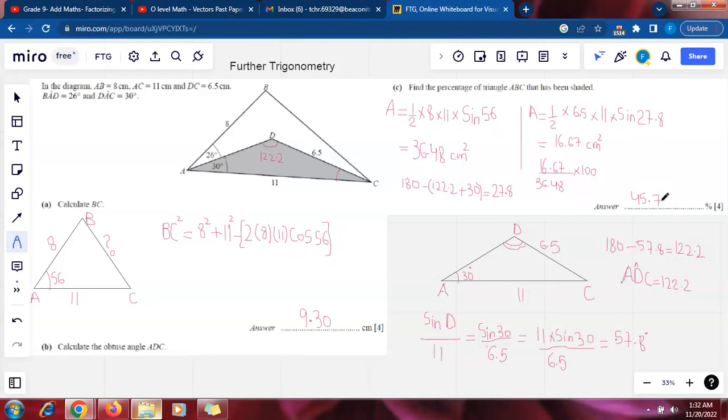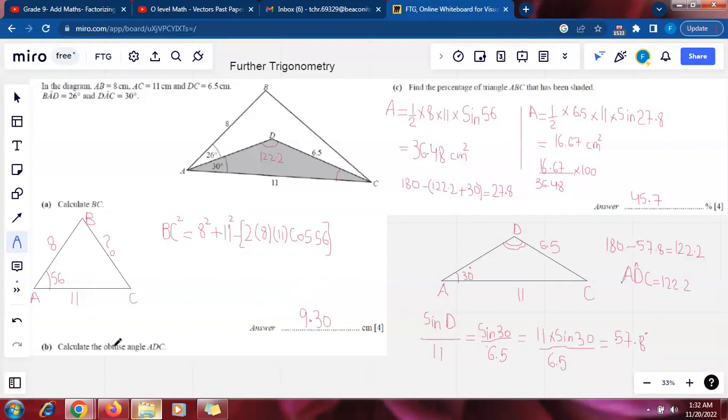So that was the percentage of triangle ABC that has been shaded, and this was the most difficult part of this question. The first two parts were easy, as you know that you just need to know the cosine rule and the sine rule, and you just have to plug in the values to find out your required answer.